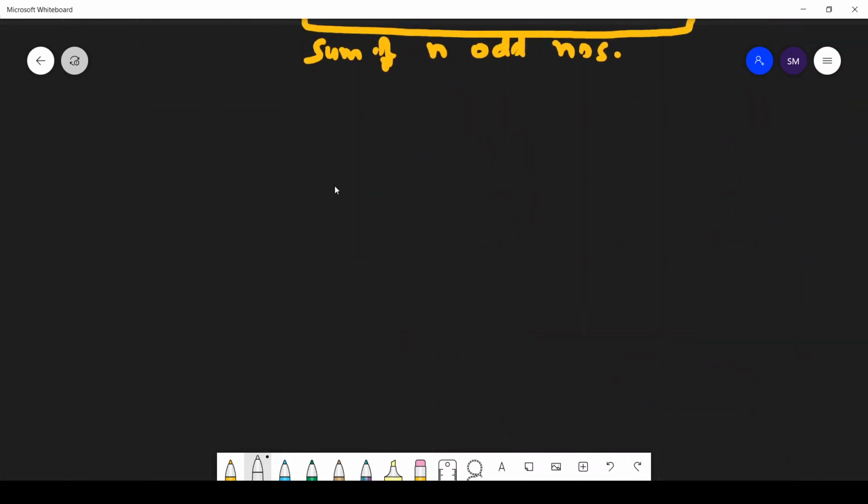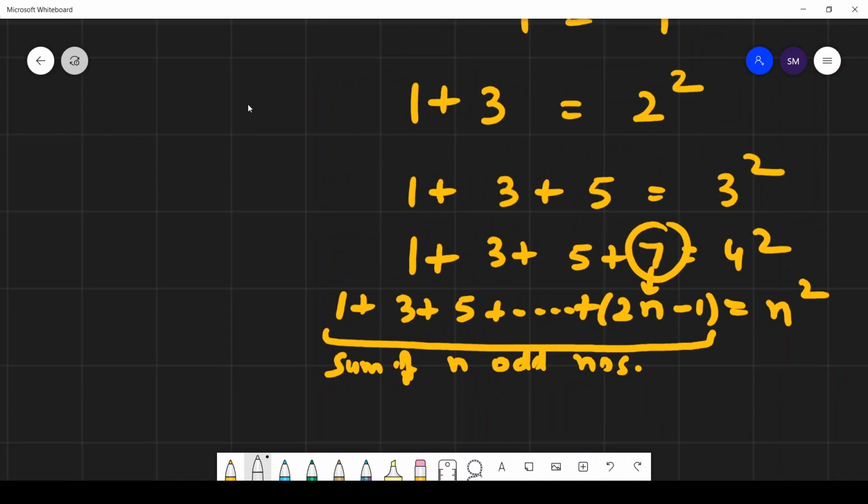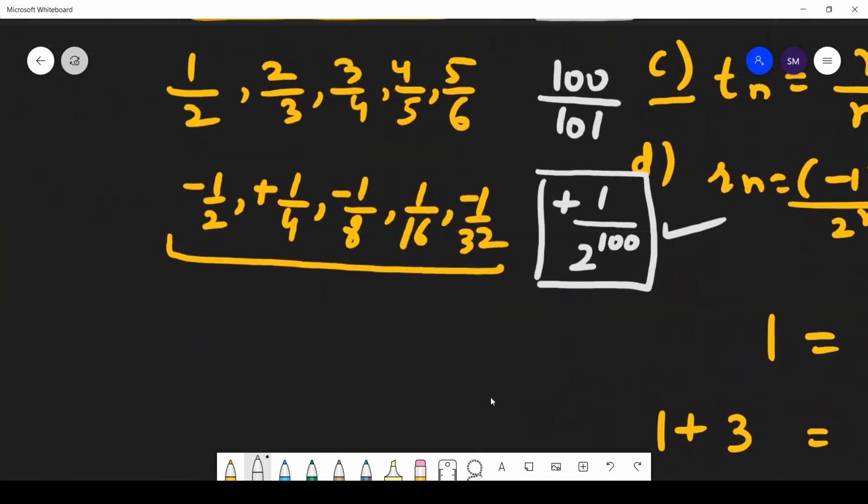Now you can see that in this last term we are making the alternate terms negative and positive. So how can we make the alternate terms negative and positive? By making the power odd and even.